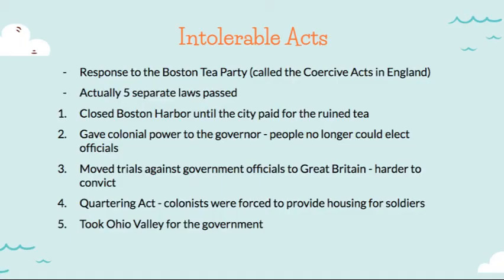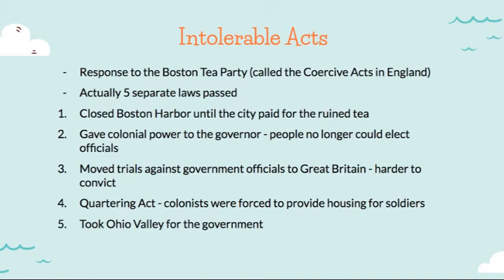Okay, so first we're going to talk about the Intolerable Acts. Those were actually called the Coercive Acts in England. They were trying to get the colonists to follow these laws and obey the British government. It was actually 5 separate laws that were passed.